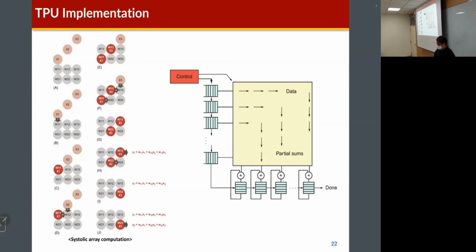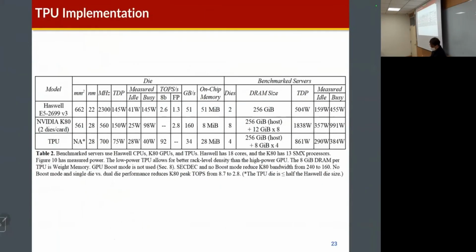Using the systolic array, the data is moved to the target processing unit, and the data flows in one direction while the results flow in another direction. By doing this, the weights data are multiplied by the input data.